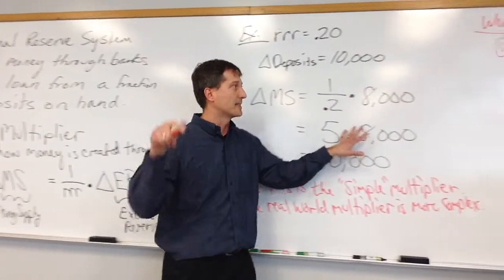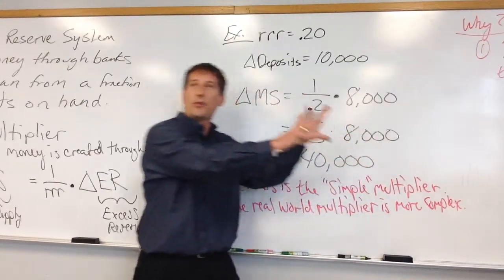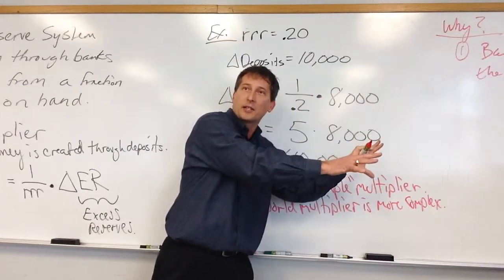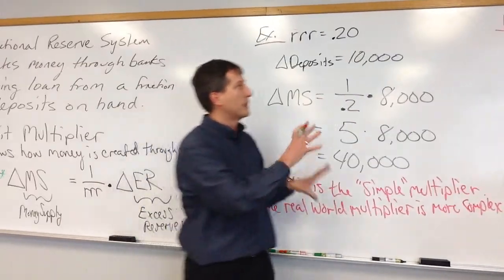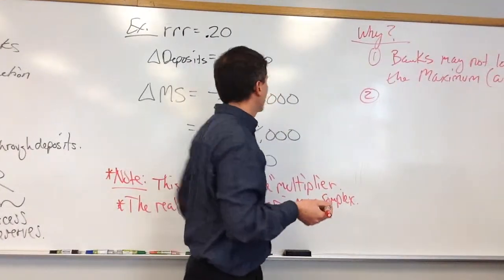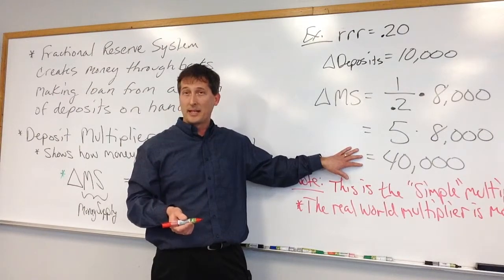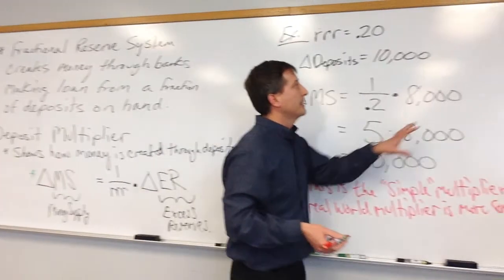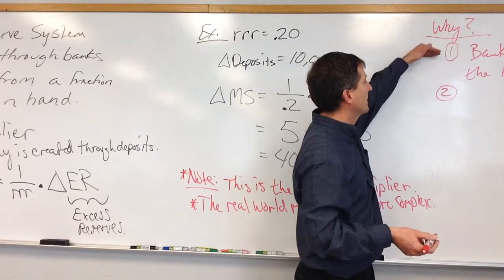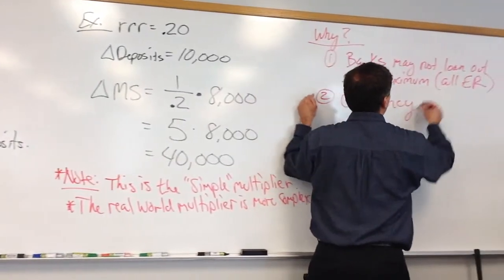If people hold wealth in the form of currency, it draws away from that multiplier process. The thing that makes this max out is that people are holding their wealth in a checking account or a savings account, right? So all of that money is being held there, and that is definitely not going to be the case. So this really represents a theoretical maximum that the money supply could grow by. In reality, that multiplier is going to be something less due to this effect, and also due to what we call currency drain.